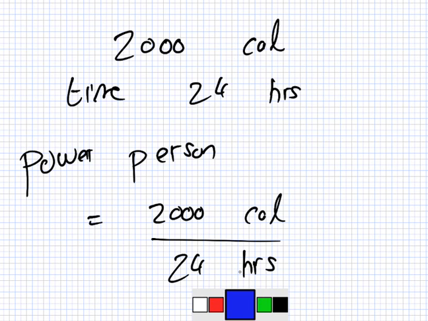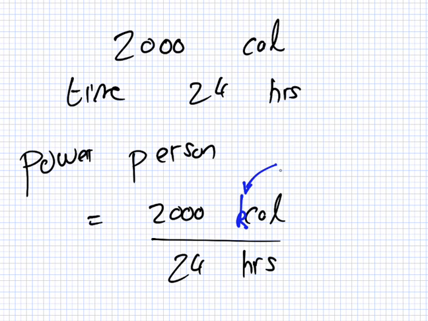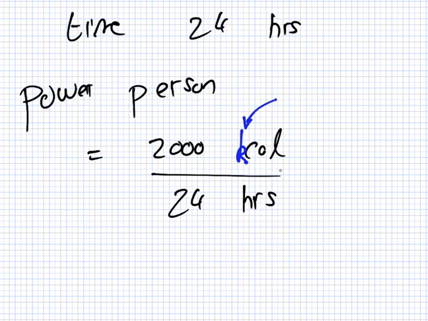Now, please take care. There's a very common mistake here with food. When you say we need 2,000 calories per day, that's actually not true. We need 2,000 kilocalories, but nobody pronounces the K when they say it. That's 1,000 times more, isn't it? So can we get this in joules?